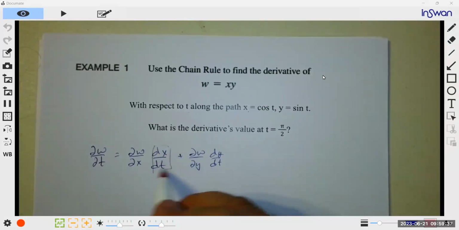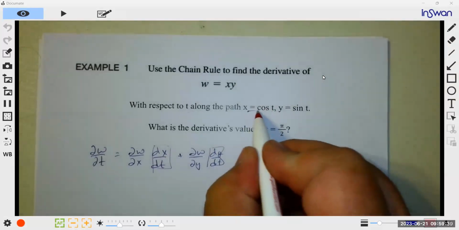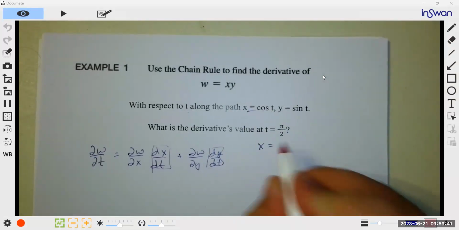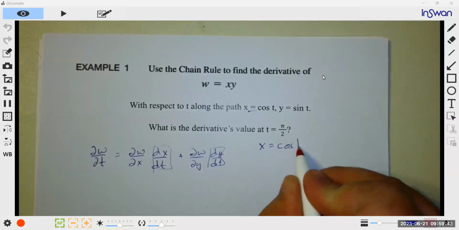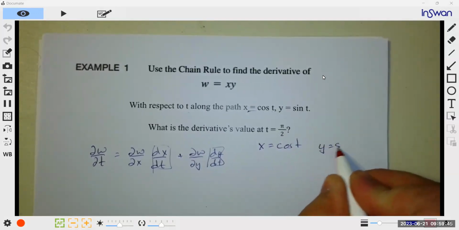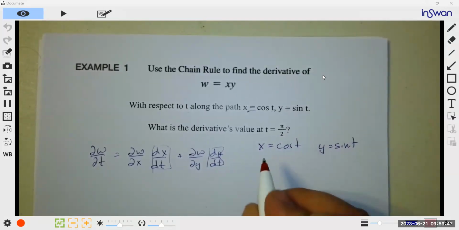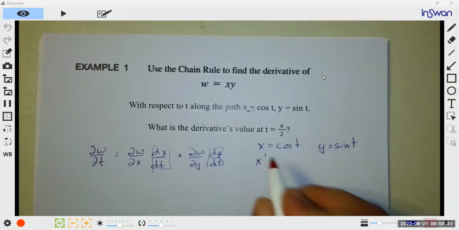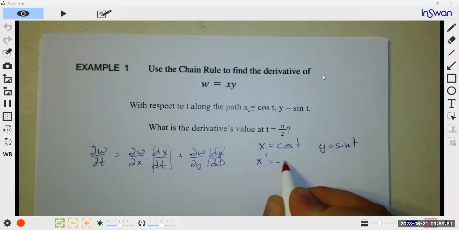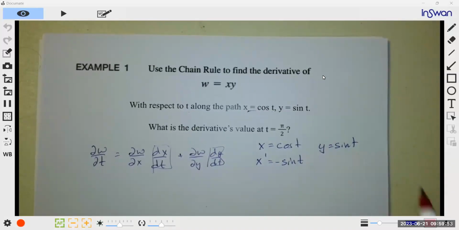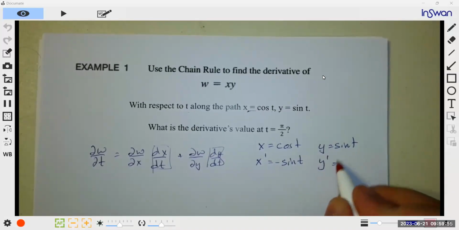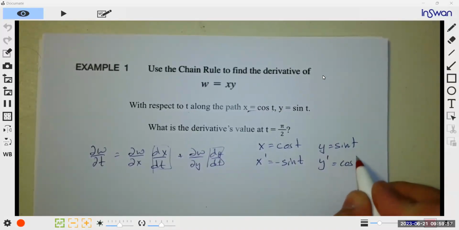So we have to find the derivatives of both of these. X equals cosine t, y equals sine t. The derivative of cosine is negative sine. The derivative of sine is cosine.